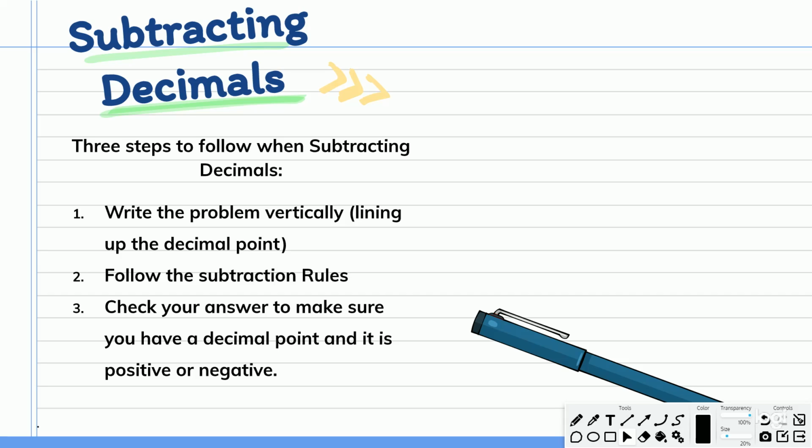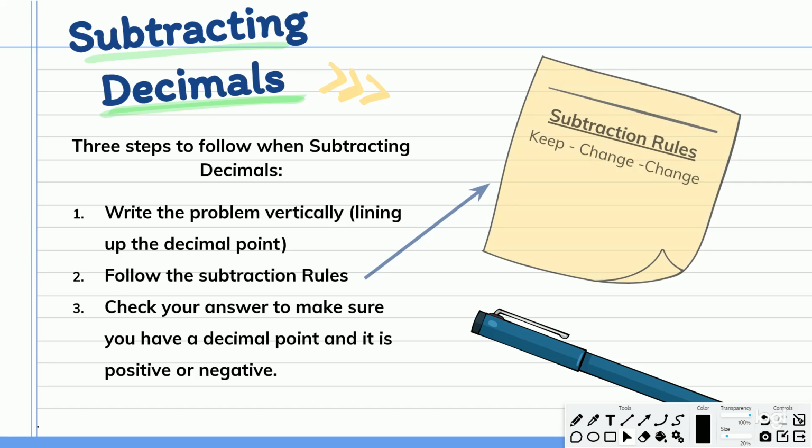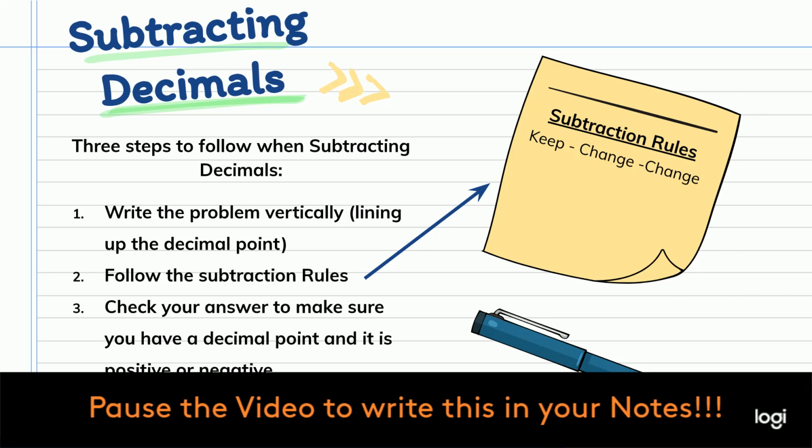After we set our problem up vertically, we're going to follow our subtraction rules that we just went over on the previous slide. Again, our subtraction rules are keep, change, change, and then we follow addition rules. The third step is to check our answer to make sure we have a decimal point in it and that we have our answer as positive or negative correctly. So please, if you need to, you can pause the video here to write these in your notes.